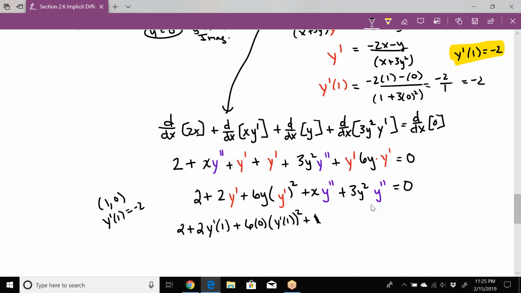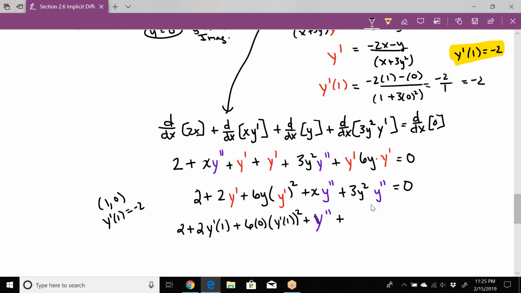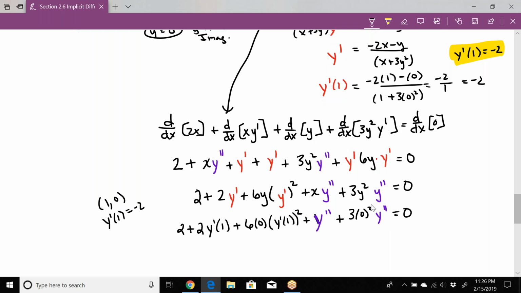So this is just going to be, I'm going to keep this guy blue since this is the one we're solving for. So y double prime, plus 3 times 0 squared, y double prime again, equals 0.